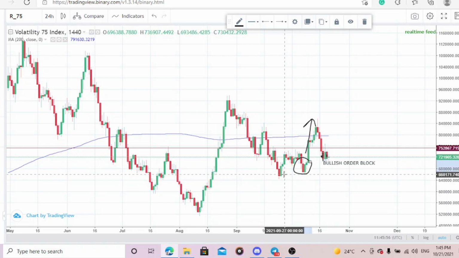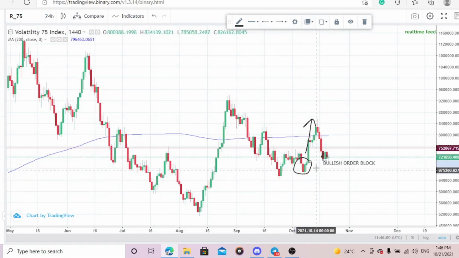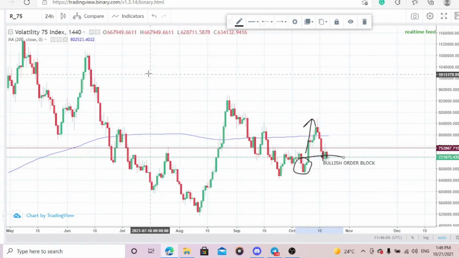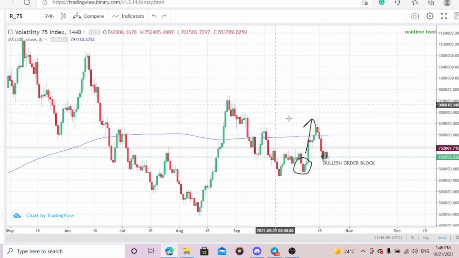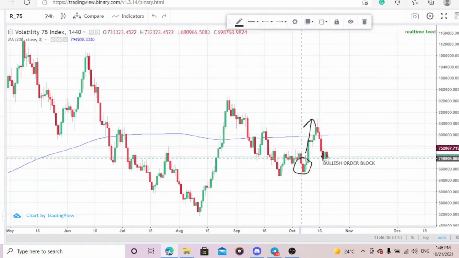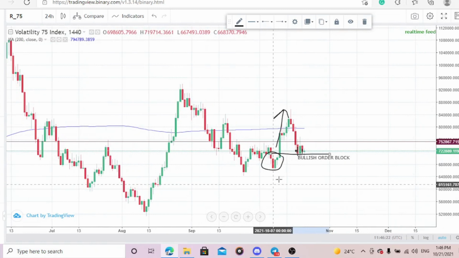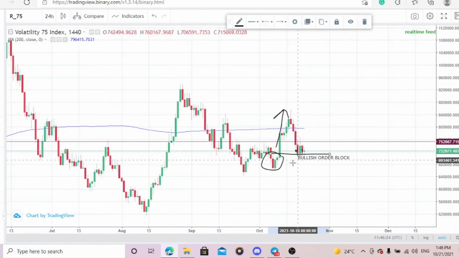So I'm seeing that the market is reacting to a daily order block, because the market came to this order block right here, and the market reacted. And the next day it could even break here, and then today I'm seeing the market is still reacting to this order block.